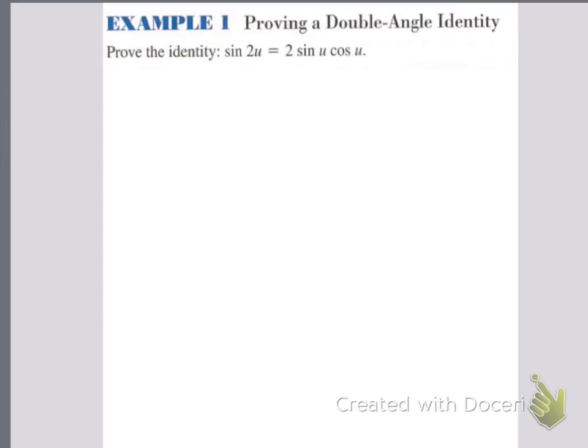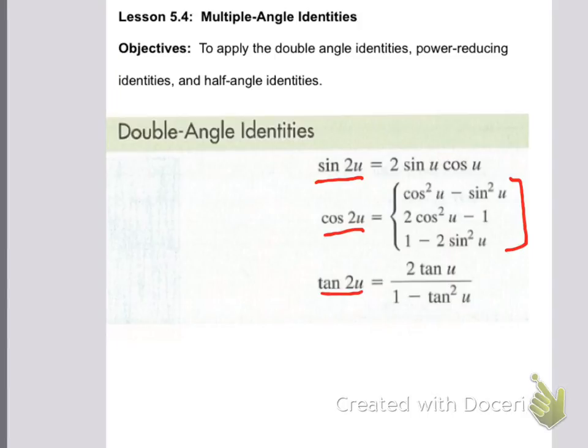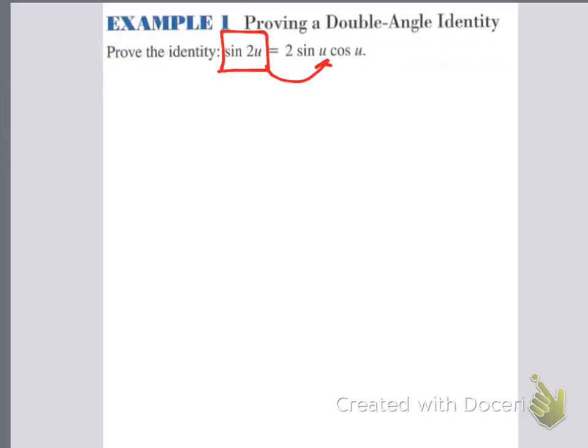So, again, to prove the identity, that means we want to take the left side and get it to look like the right side. So sine of 2u. Now, we're proving that this is true. So, sine of 2u is the same as sine of u plus u.